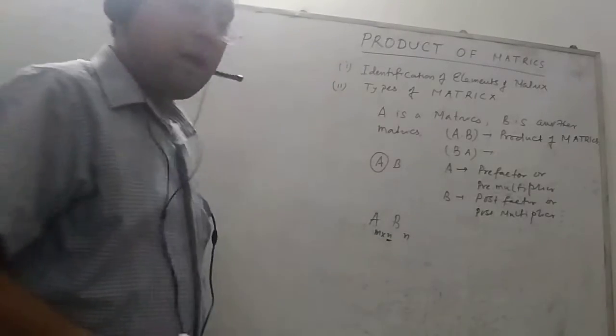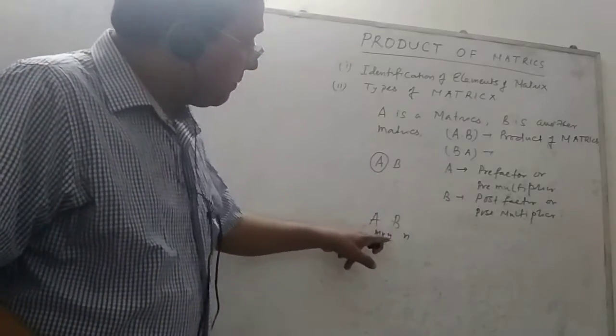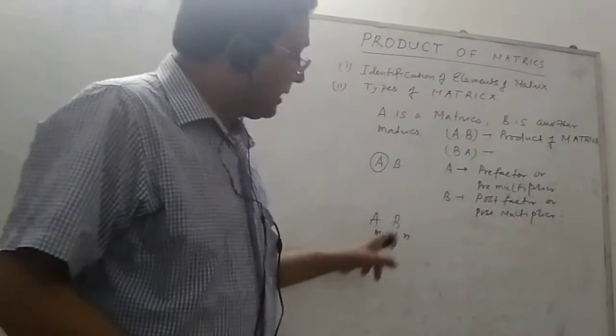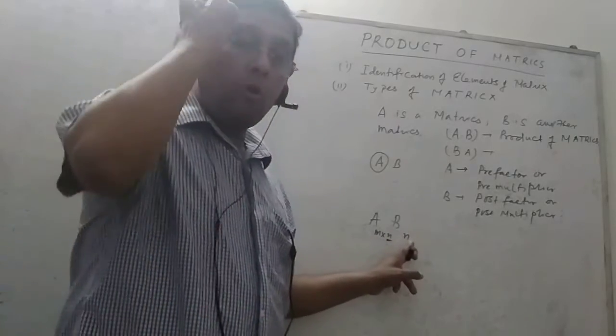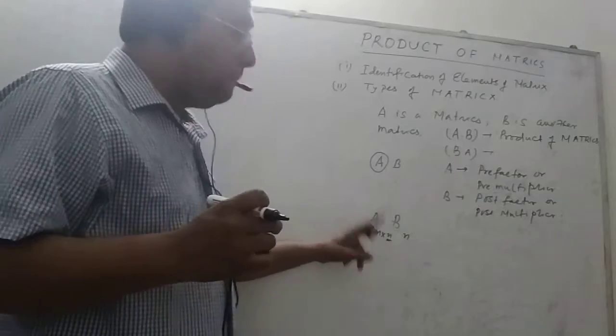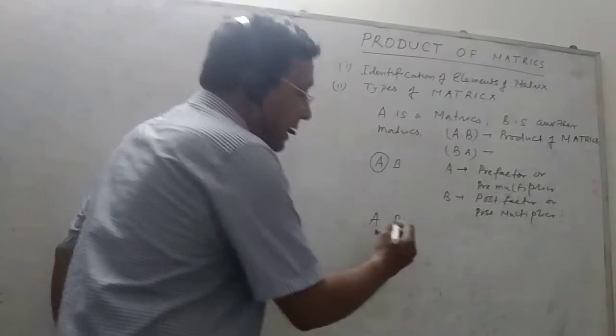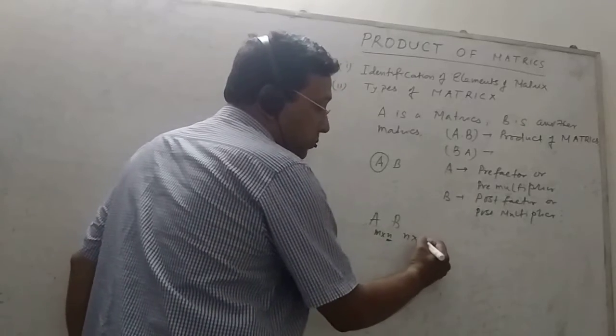as the prefactor's columns, that is n. So the number of rows in the post factor must be equal to the number of columns in the prefactor matrix. This n has to be the same, and the columns can be anything. It can be n into p.